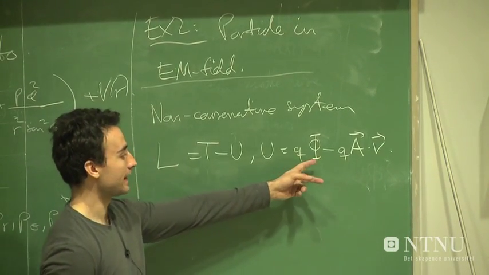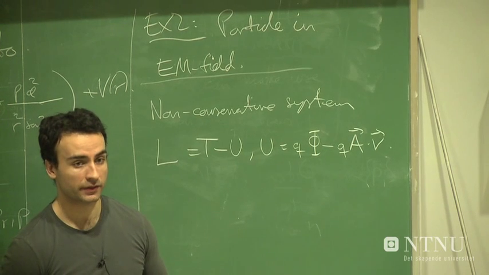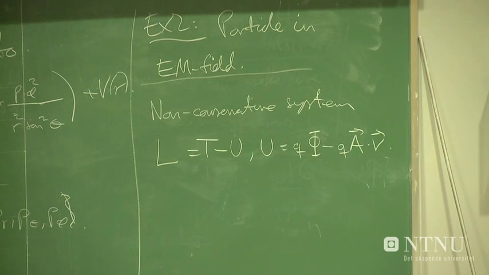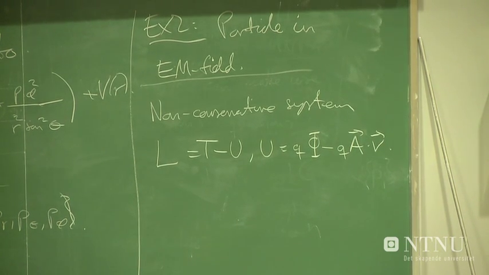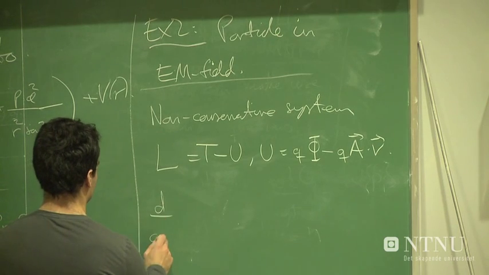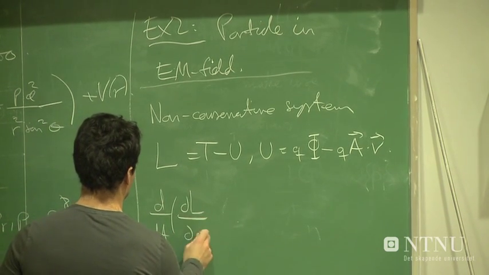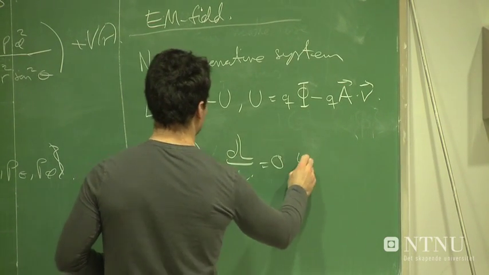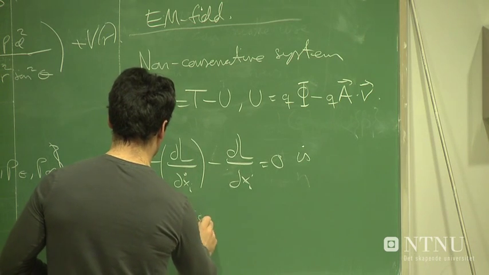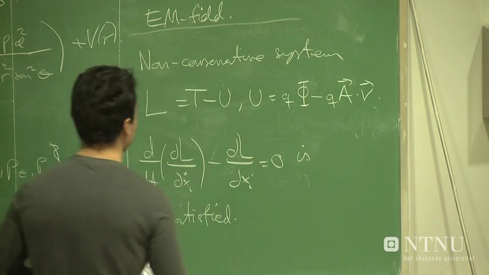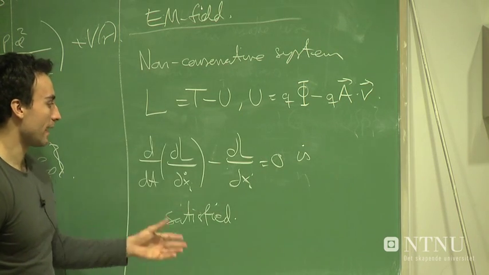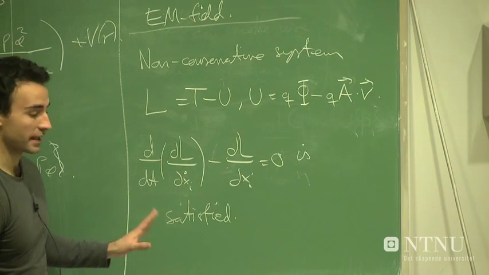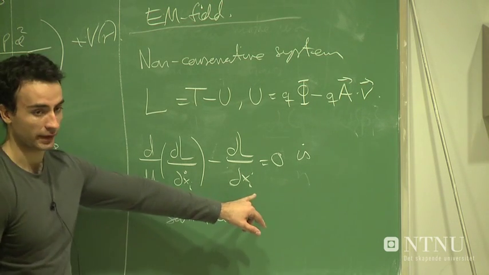And note that q here denotes charge and not any generalized coordinate. With this U, we have proven that Lagrange's equations in their usual form are satisfied. And I'm using Cartesian coordinates in this case.